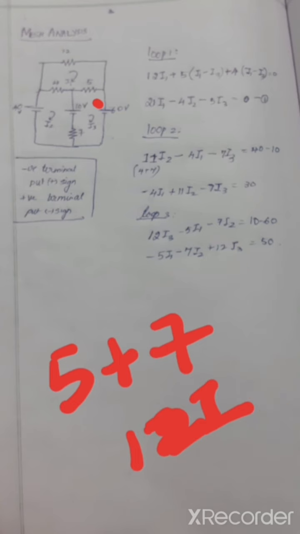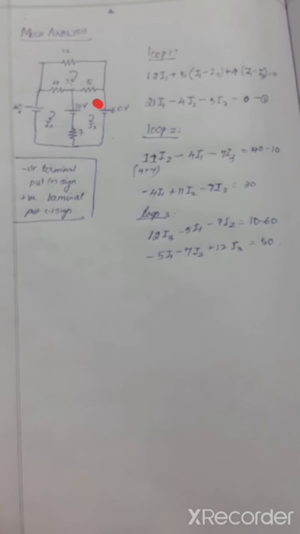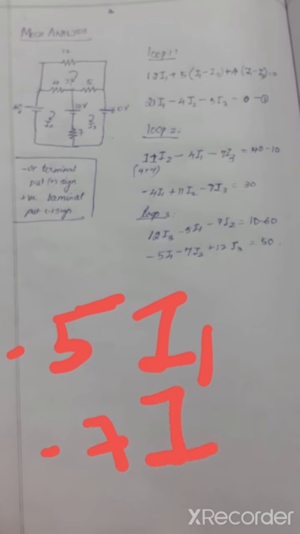And then we have two other resistances which are adjacent to some other loops also, right? So the 5 ohm resistor, which is minus 5, is adjacent to loop 1, so minus 5 I1, and 7 ohm, so minus 7, is adjacent to loop 2, so minus 7 I2.